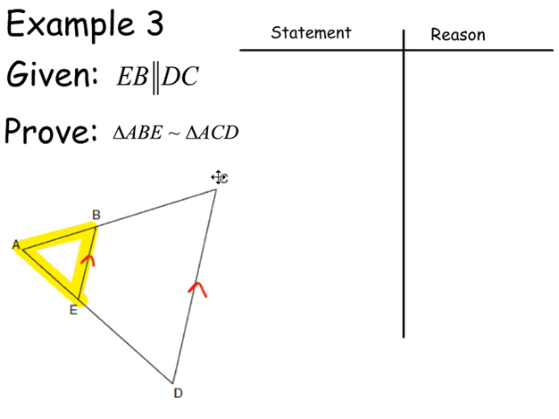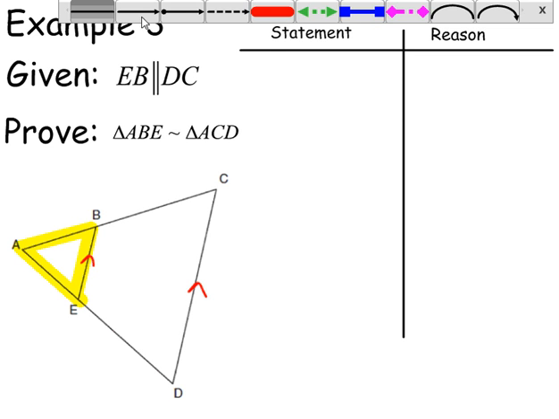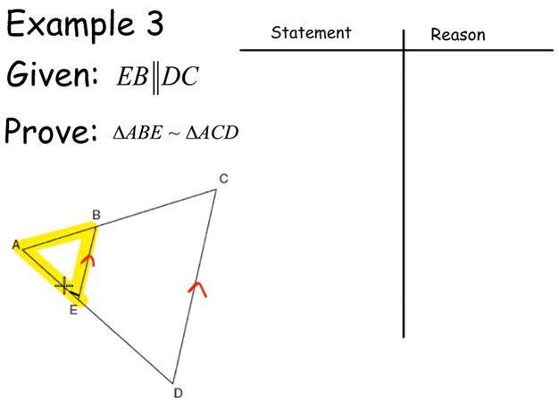So let me do this. Let me actually go ahead and split them up, just so it could help us visualize this. I'll be right back. All right, so I'm going to take that one, and that is triangle ABE.